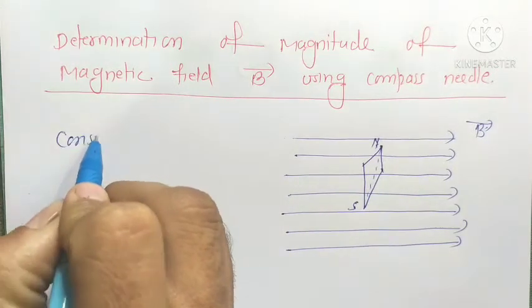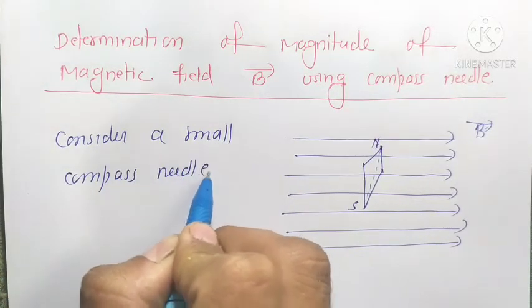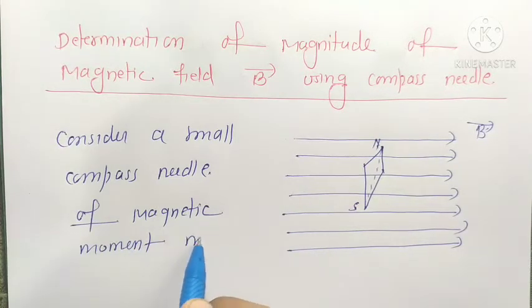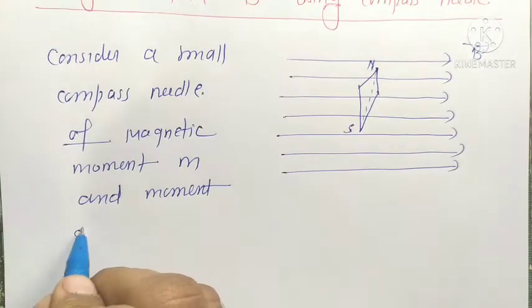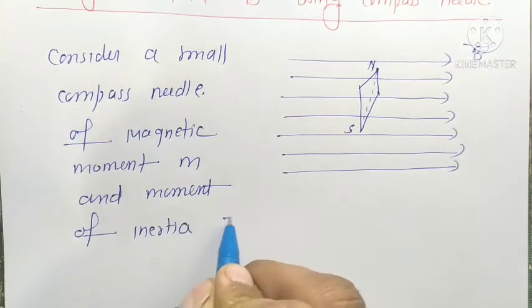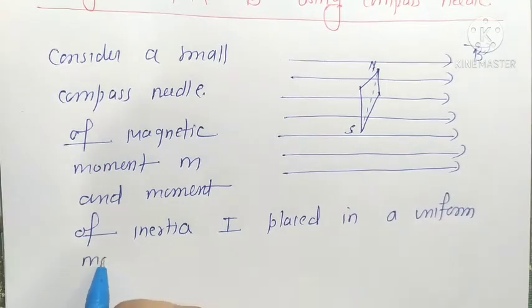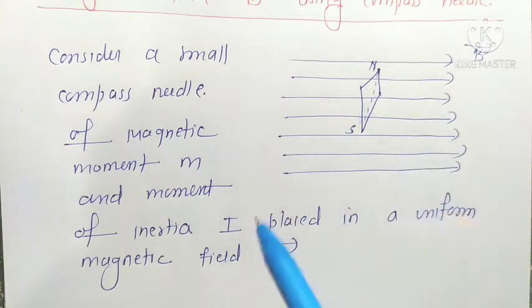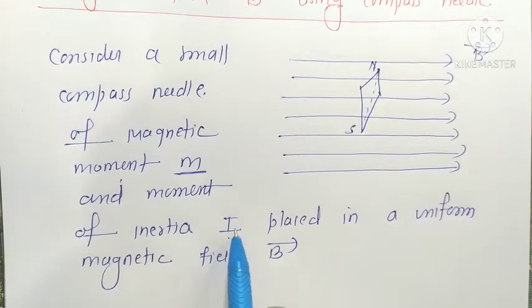We write here: consider a small compass needle of magnetic moment m and moment of inertia I placed in a uniform magnetic field B. This is a uniform magnetic field and we place a magnetic needle inside it.